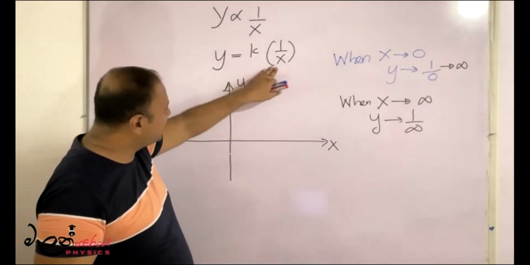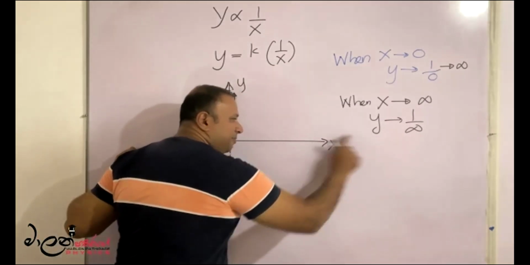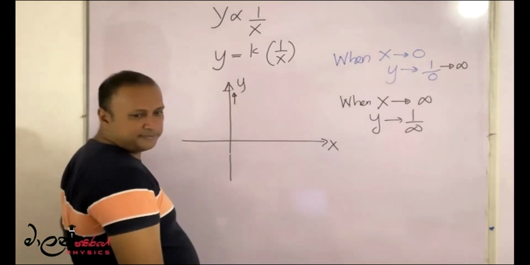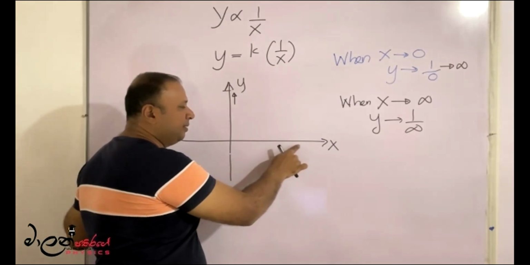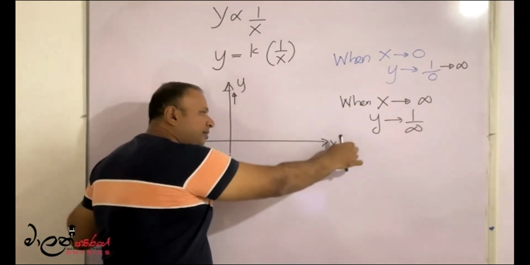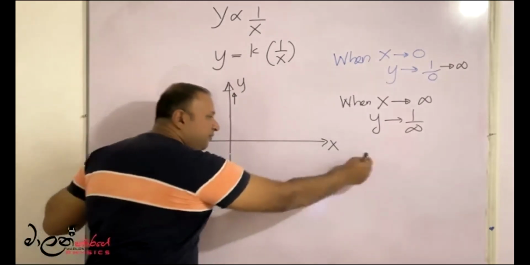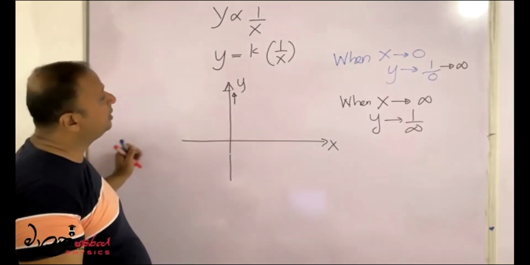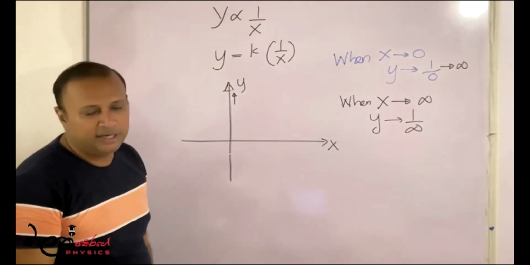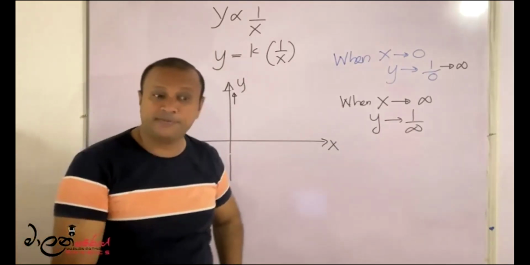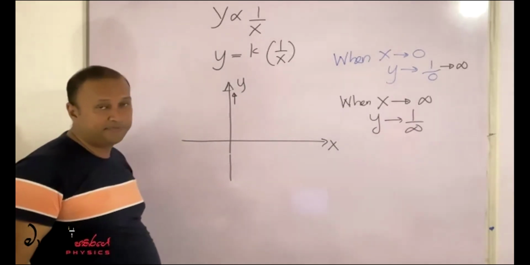When x goes to infinity, like 0, 10, 100, 1000, 10,000, then y goes to 1 over infinity. So what is the value of 1 over infinity? 0. Yes, very good. It will be 0.